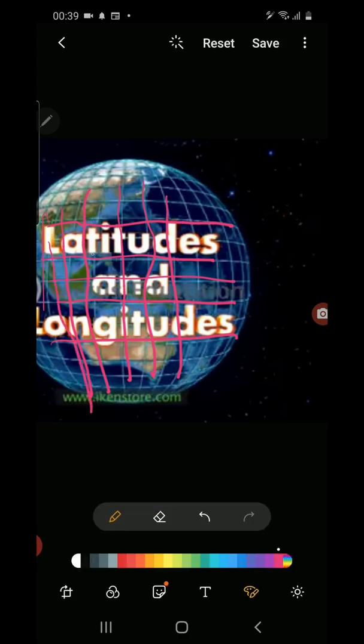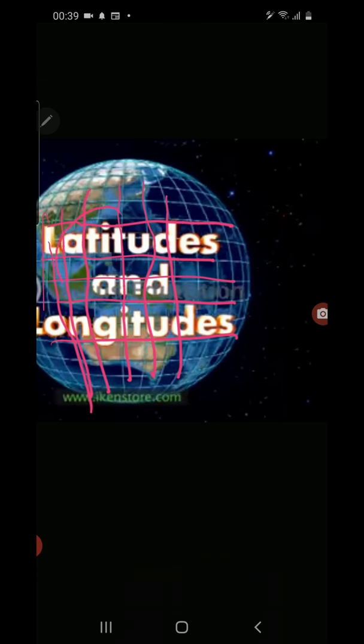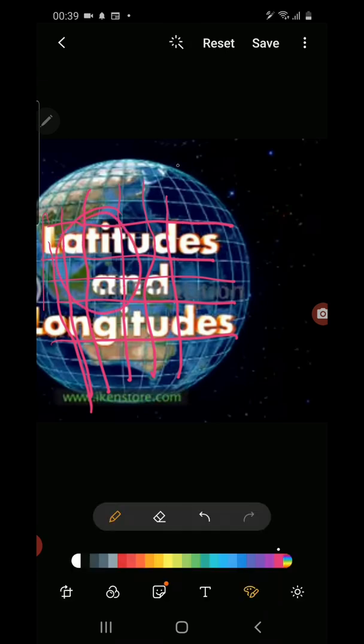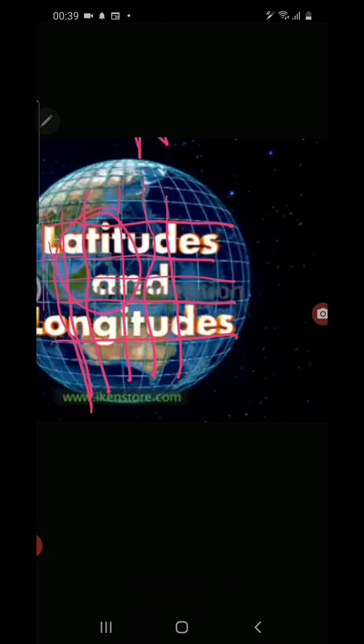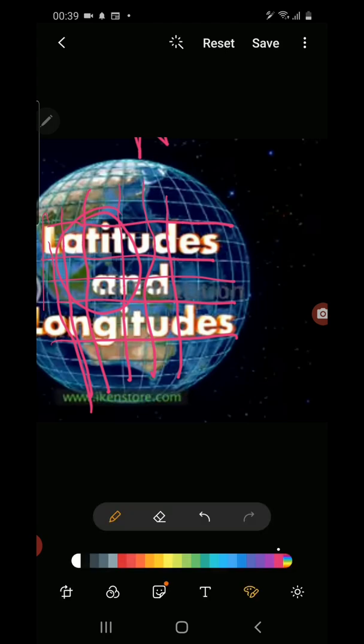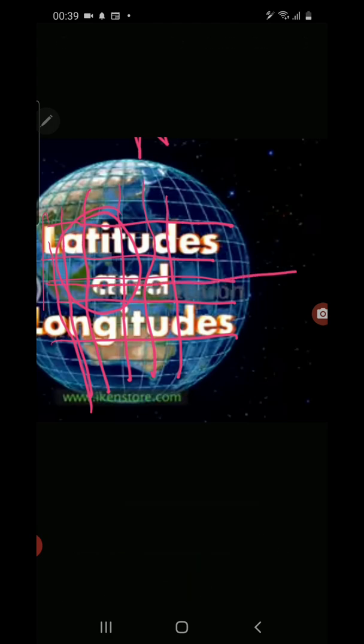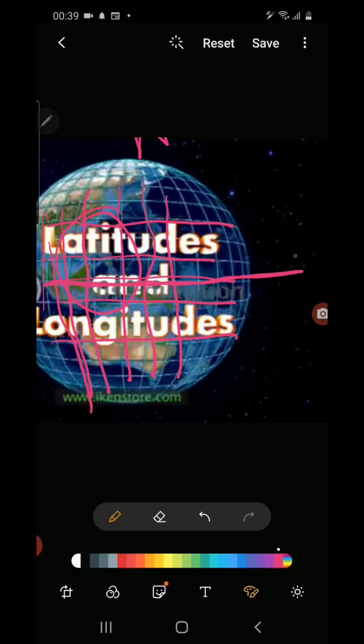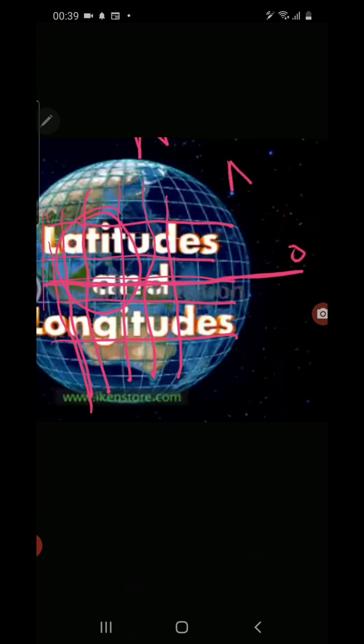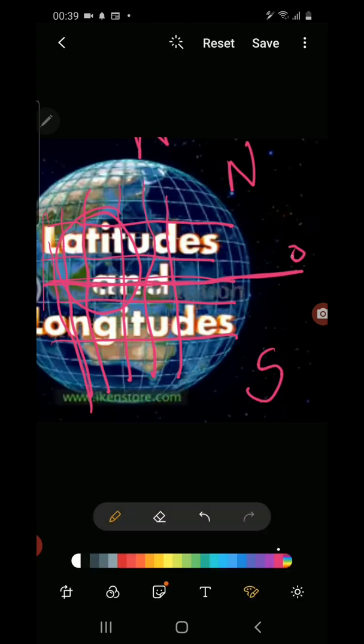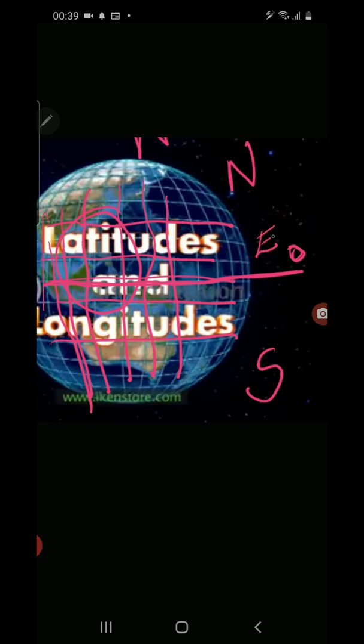Children, you know North America comes in this part, this hemisphere. So this is the northern hemisphere, isn't it? Because the equator, 0 degree, passes through the middle of the earth. So this part is the northern hemisphere, and here it is the southern hemisphere. At the same time, this side it is east, and here it is west. Understood?